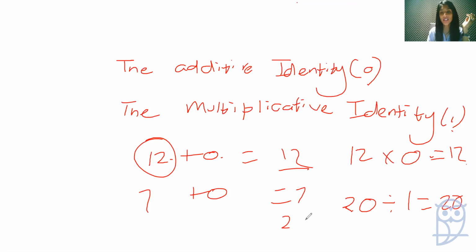Well, what is 20 divided by 0? If I divide a number by 0, what will my answer be? It will be undefined.